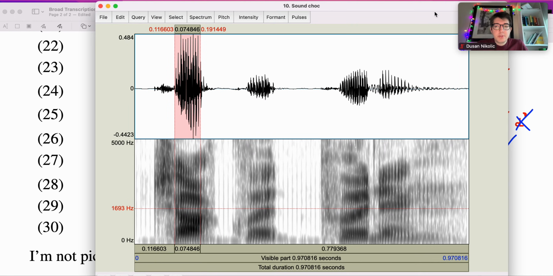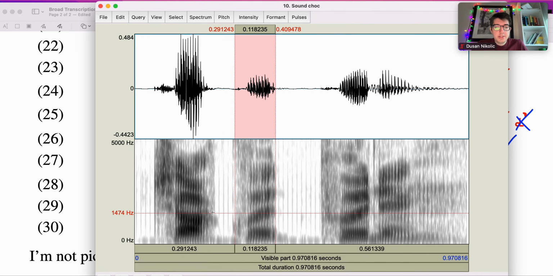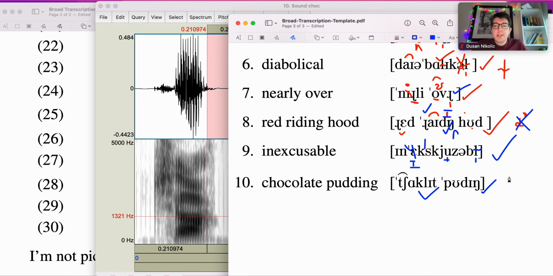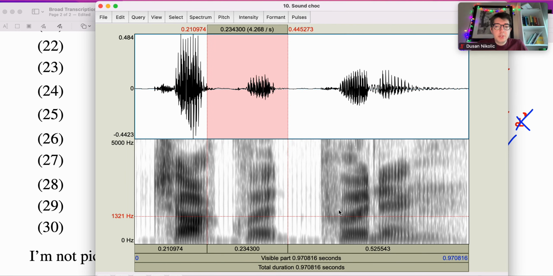I was in two minds whether it might be rounded, but it's not actually. Chocolate. It's not chocolate. It's chocolate. Right. So, good job not placing anything here. Nice. Chocolate pudding. Let's see.